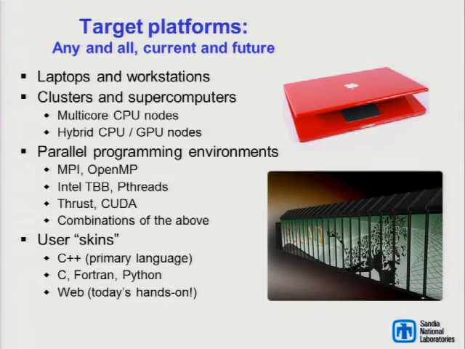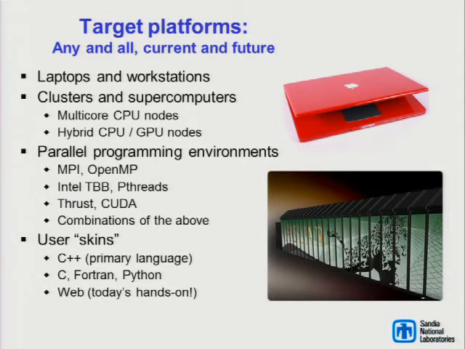MPI is the core way we work, but we also want to support all sorts of threading models: OpenMP, Intel's Threading Building Blocks, pthreads, and then all your GPU programming models and combinations thereof. In a sense, the combinations part is slightly more of an aspiration than a reality, but we're moving to get there. Primarily, it works all in C++. That's where most of our code is written.